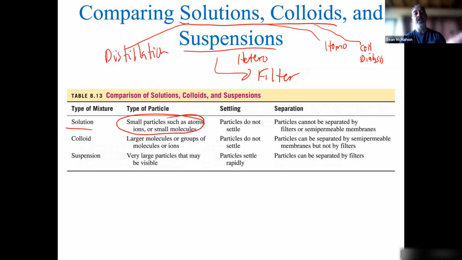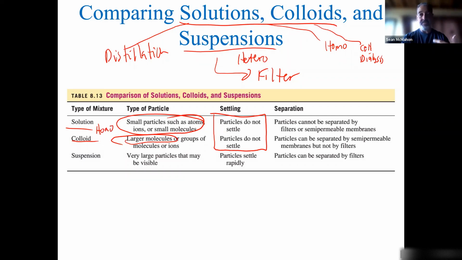Ions are small molecules like glucose. Colloids, they're still small. We can't visibly see them, right? To the naked eye, you can't see them, but they're larger molecules. So I like to tell people, think of vitamins, proteins, but both of these do not settle because they are homogeneous. Okay, so we already talked about this.